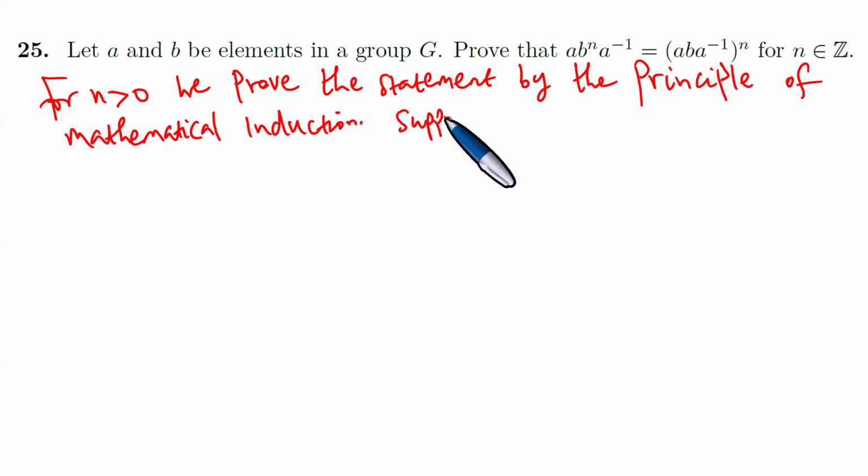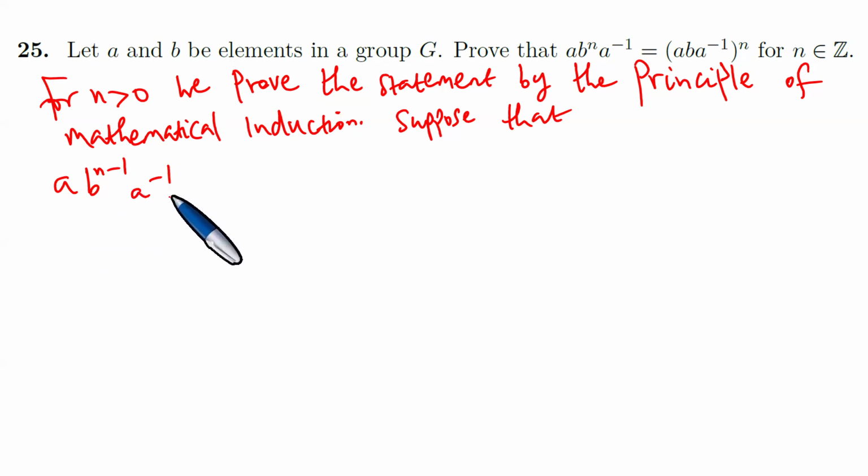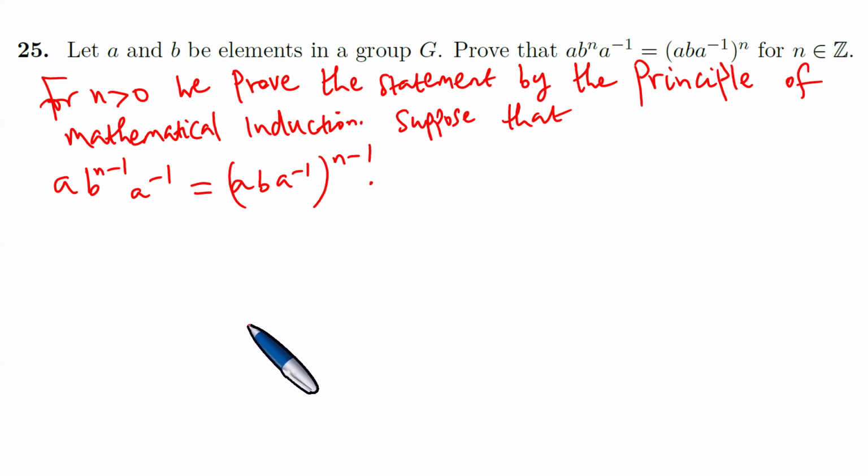We suppose that, for example, AB to the power n minus 1, A minus 1, is actually equal to AB A minus 1 to the power n minus 1. Okay, you have something like this.